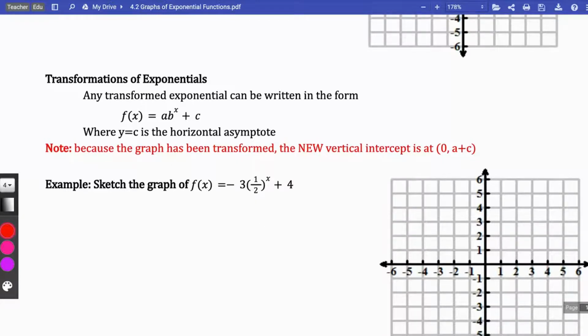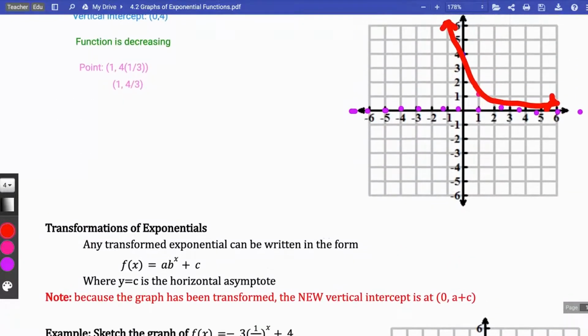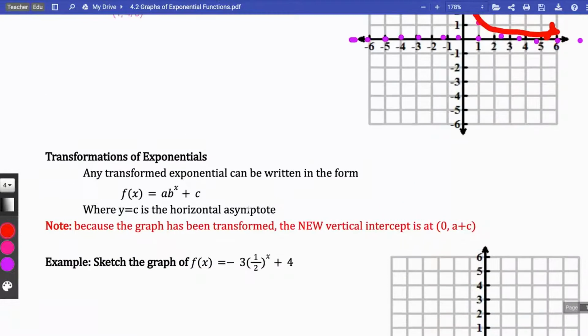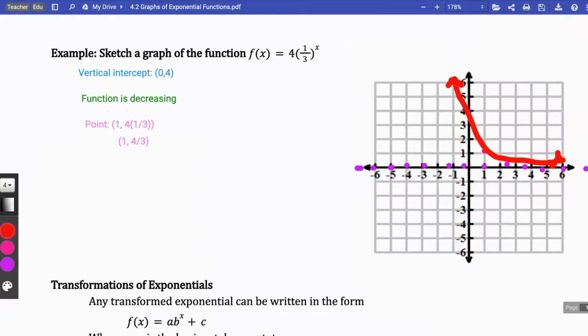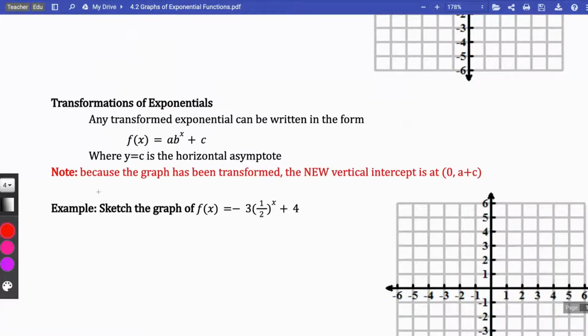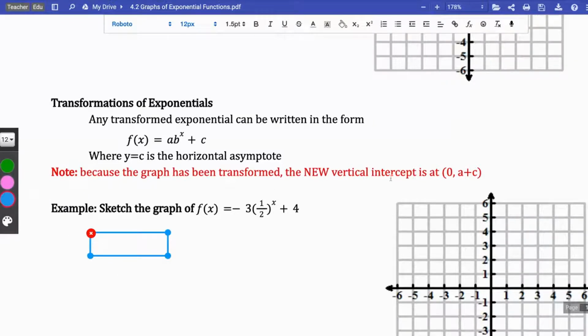So we're going to do the same steps that we did last time. This time we have negative 3 times (1/2) to the x plus 4. So I'm going to start with identifying the vertical intercept, because that's what we did last time. The vertical intercept, remember this time, is going to be at 0 and then a plus c.